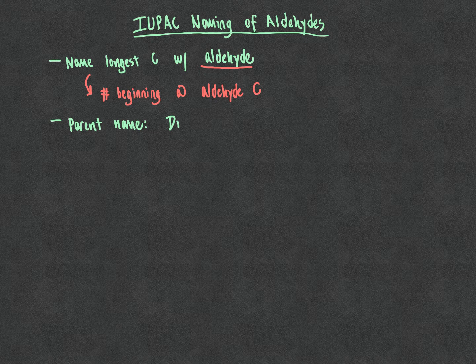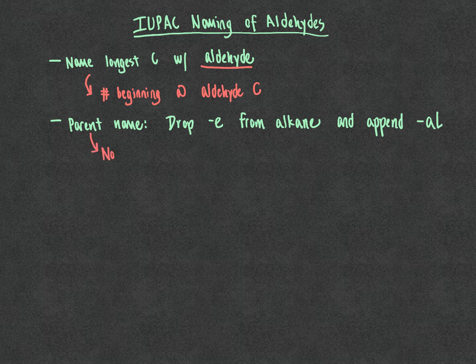So drop the E from the alkane name that designates how many carbon atoms are in the chain, such as pentane, and append onto the end of it Al. So pentane, if it had an aldehyde group at one end, would become pentanal. There is no need to specify the numerical location of the aldehyde group.